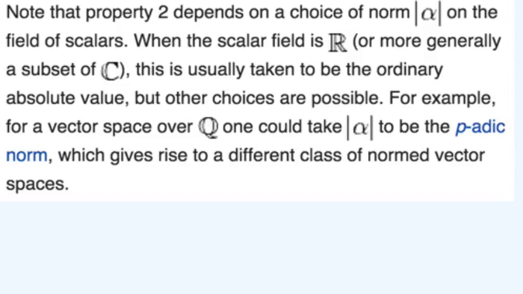For example, for a vector space over all rationals, one can take the absolute value of the scalar alpha to be the p-adic norm, which gives rise to a different class of normed vector spaces.